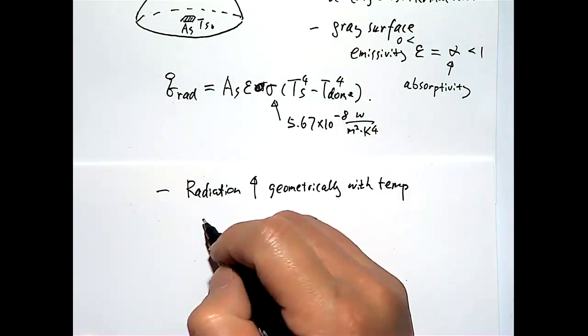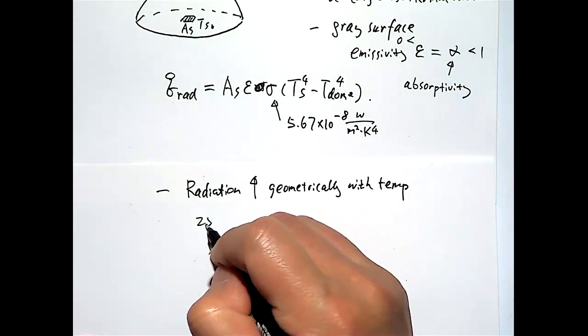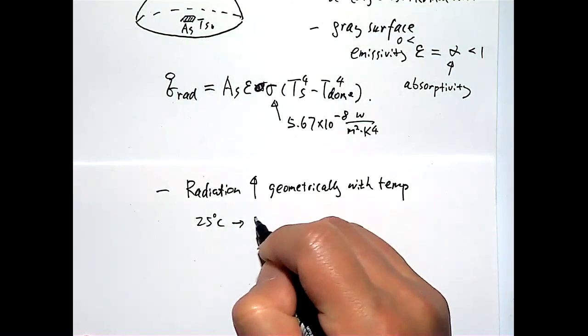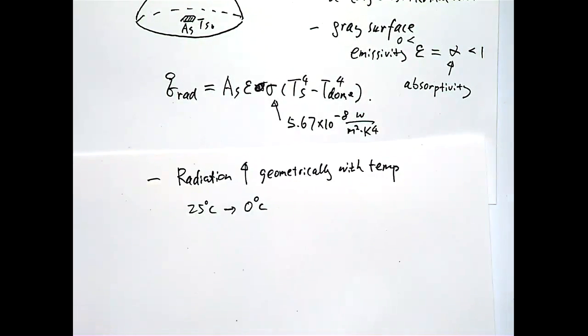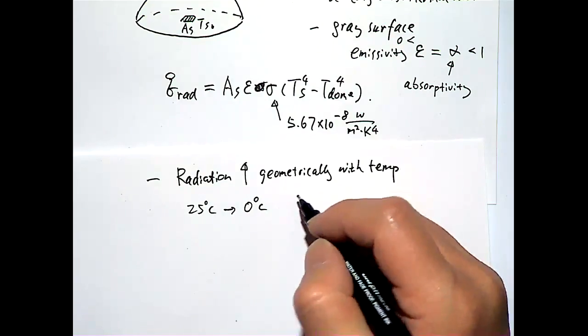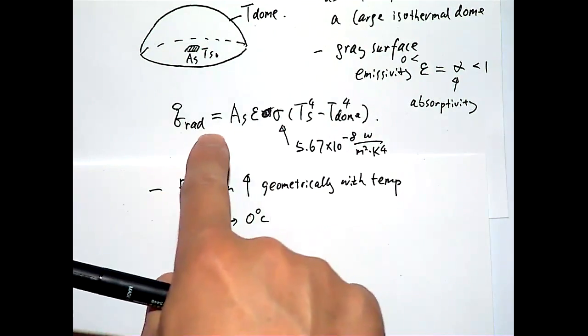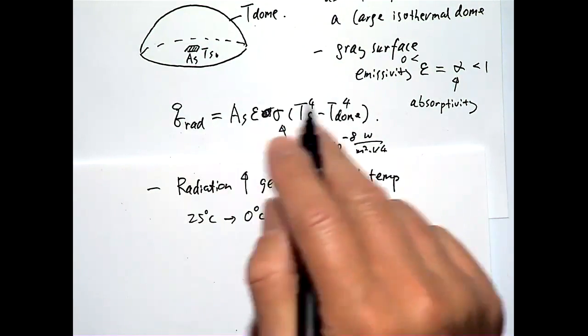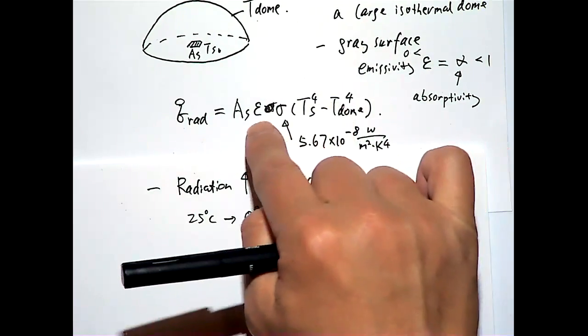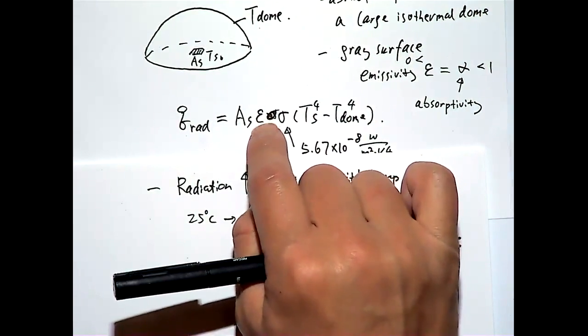So to give you an example, if you have a 25 degrees C surface having a heat transfer with a 0 degree C surface, right? And in this case, you can bring in the temperature there and assume it's a black body with an emissivity of 1.